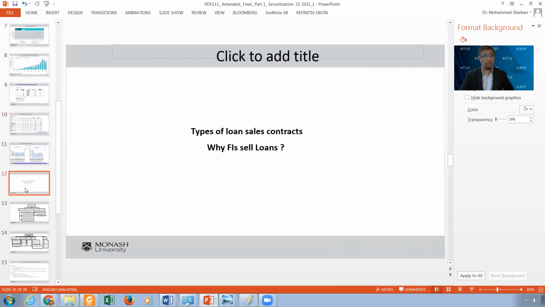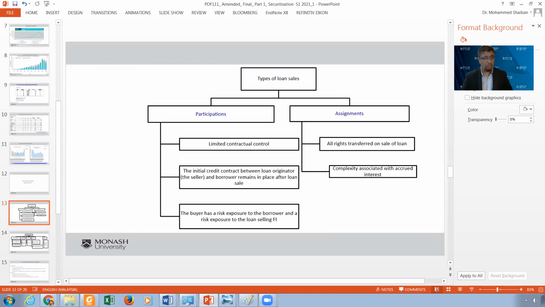Now let me move to the real issue of this part of the lecture, which is types of loan sales. We have two arrangements when we sell a loan: one is called participation, and the other is assignment. To put it simply, the originator, for example Public Bank, generates a housing loan of 1 million ringgit.